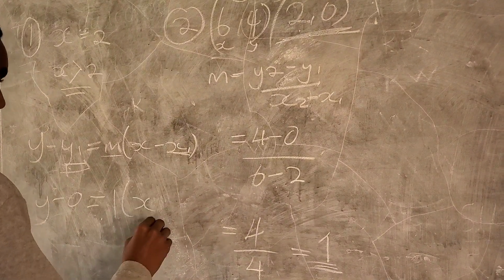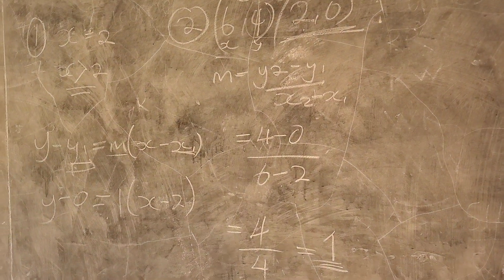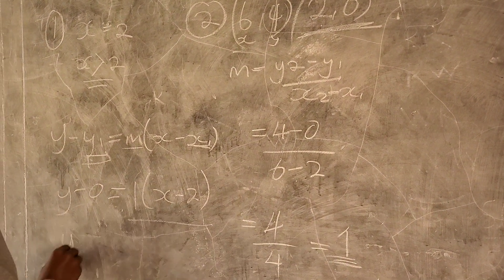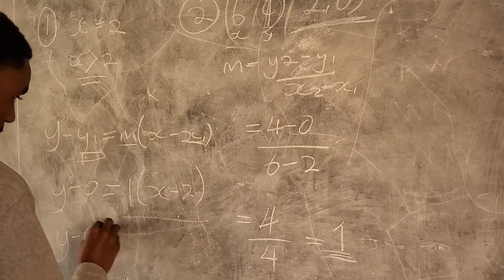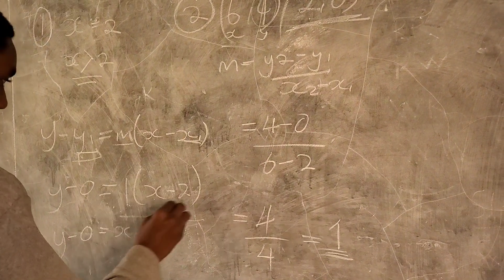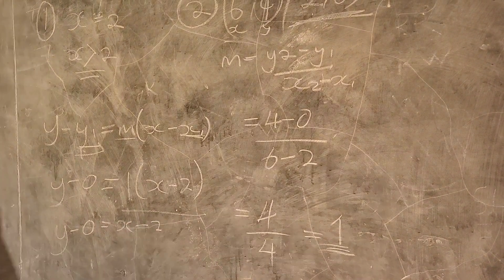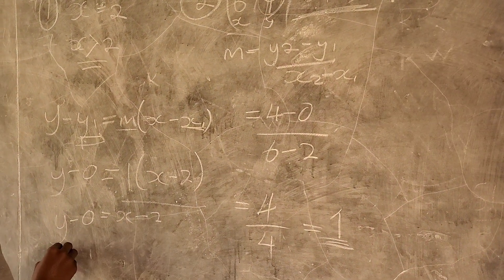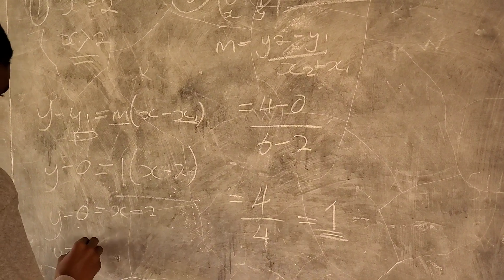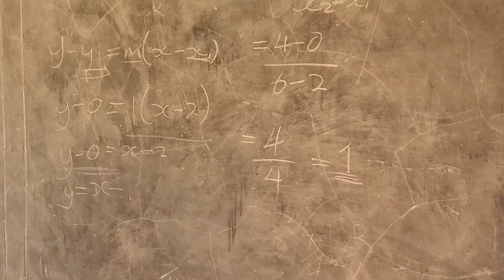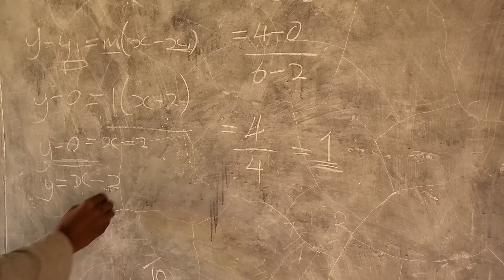Don't change this, but change x1, which gives us 2 there. Then we expand by multiplying: 1 times x gives us x, and 1 times negative 2 gives us negative 2. So y minus 0 is just y, which equals x minus 2.